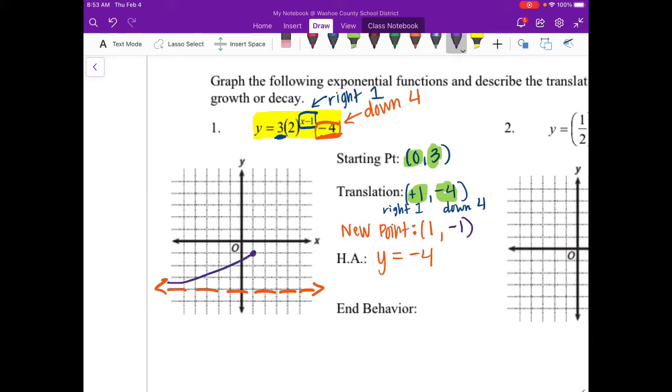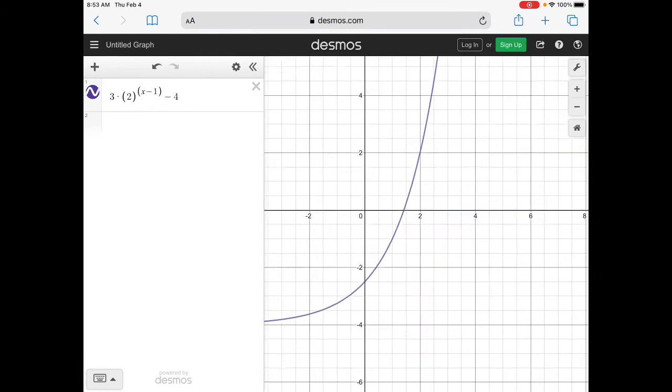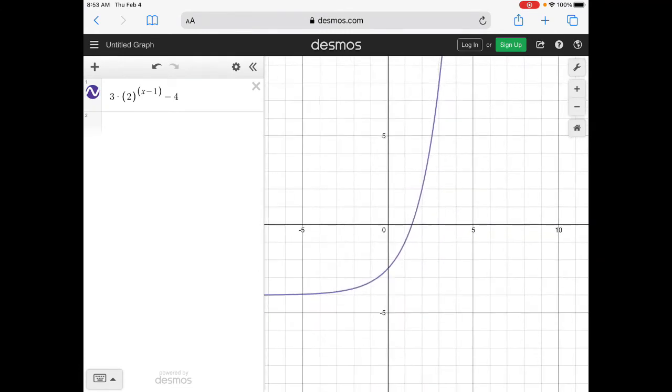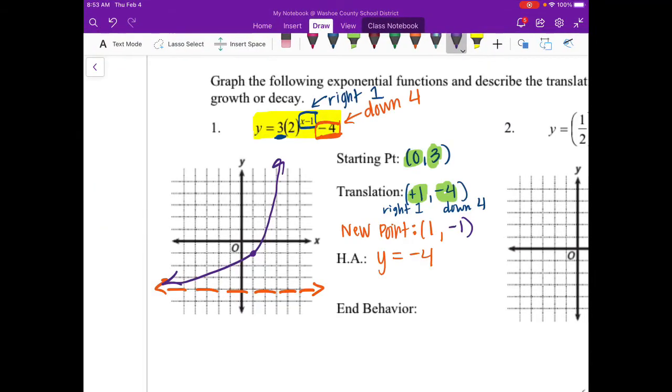And then generally we saw it went this way, right? So if I go back to my graph really quick, there is a point at 1, 1. So you can see right there. That's how I'm getting that new point after the translation. So this affects my end behavior a little bit. As I go to the left side of my graph, my y value is now approaching that -4.